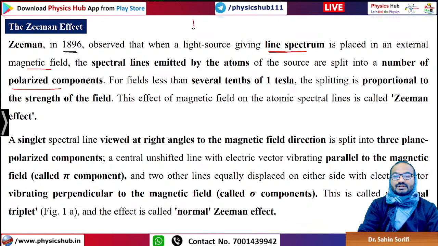So one component may be divided into three more components under the influence of magnetic field.